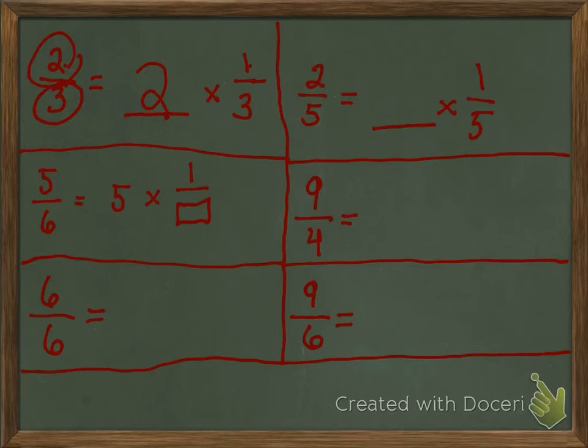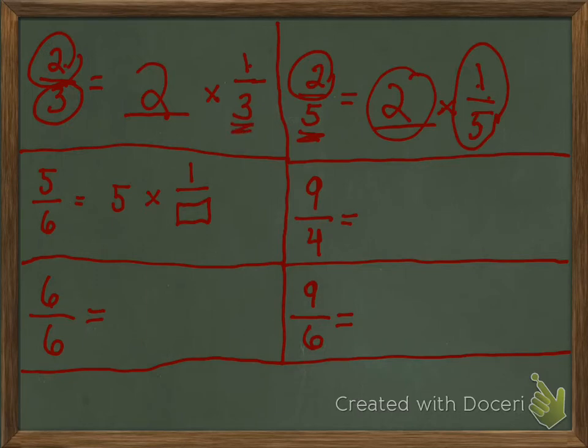If we see the next one, 2/5, our unit fraction is 1/5. 1/5 times what gives us 2/5? We check out the numerator, and it's a 2. 2 times 1/5 equals 2/5. Our denominator has not changed. Notice.